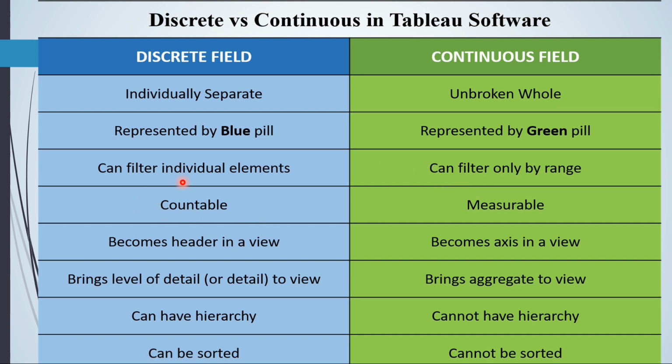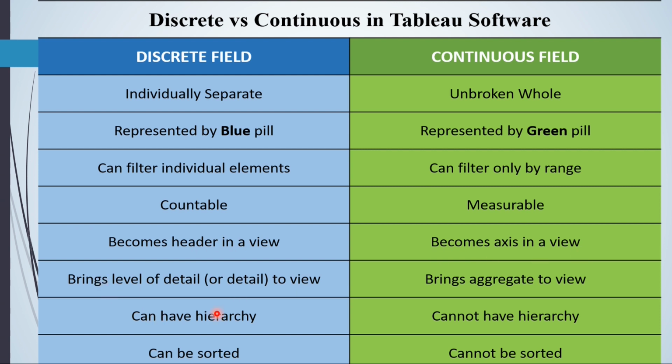Now discrete fields are countable, and continuous fields are not countable, they are measurable. Discrete fields become headers in a view, and continuous fields give you a measurable axis in the view.